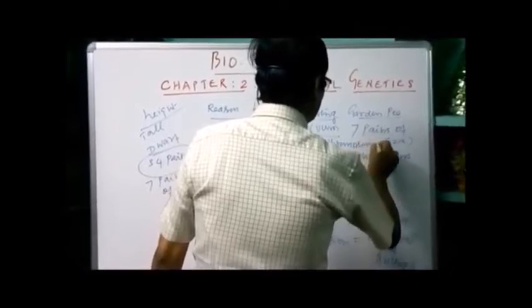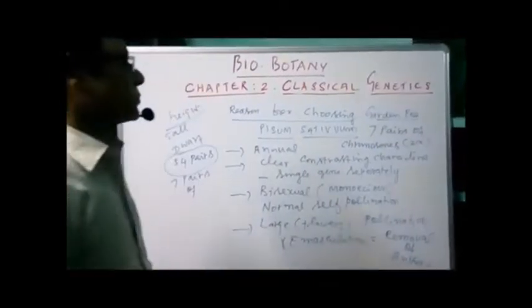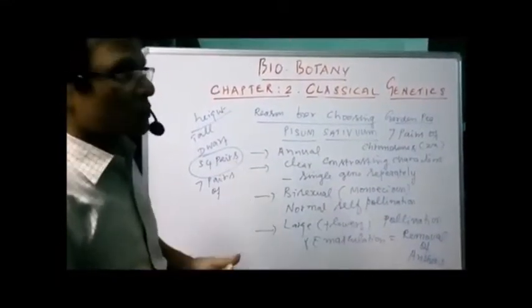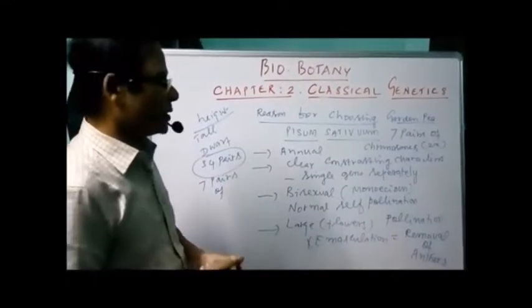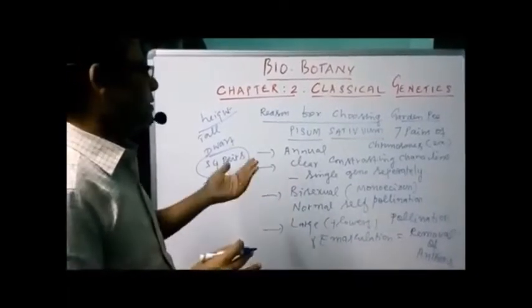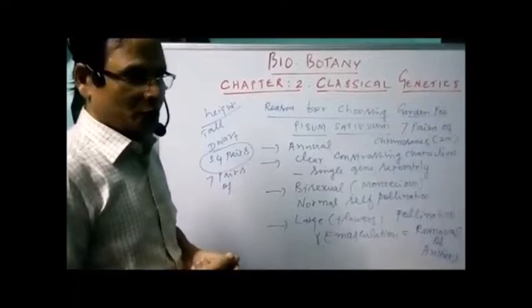So the diploid number of chromosomes in this plant is 7 pairs. The same number of chromosomes can also be found in wheat plants. There too we have 7 pairs of chromosomes. In the case of banana, you know it has 22 chromosomes.